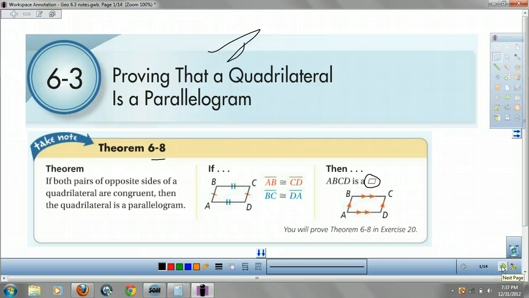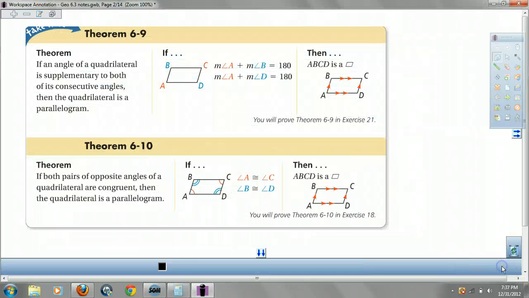We're going to go rapid fire. If an angle of a quadrilateral is supplementary to both its consecutive angles, then it is a parallelogram. Aka, if these add up to 180 and these add up to 180, it's a parallelogram. Again, opposite of our old theorem.